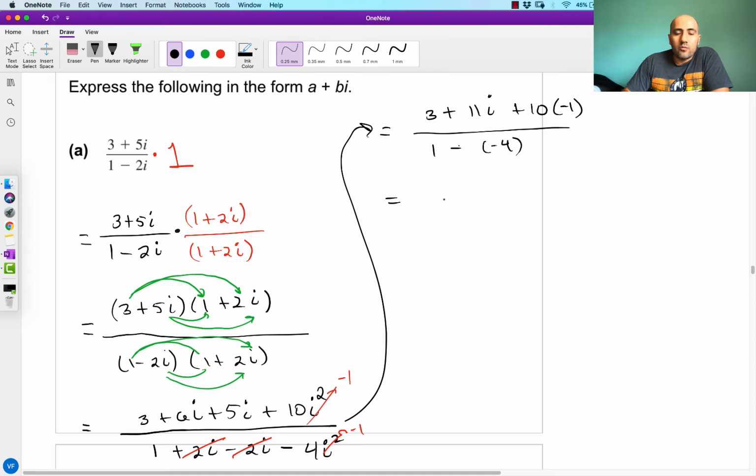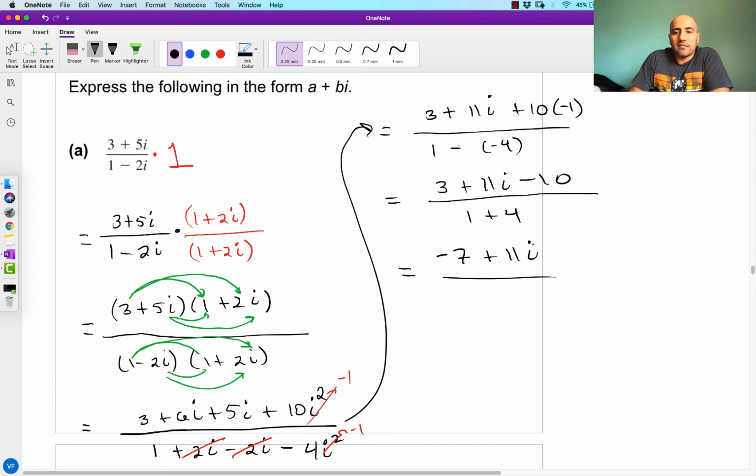So in the numerator, I get 3 plus 11i minus 10 divided by 1 plus 4, which equals negative 7 plus 11i in the numerator, combining the 3 minus 10, that gives you negative 7, divided by 5. And now we can separate this into negative 7 over 5 plus 11 over 5i. And that's my final answer.